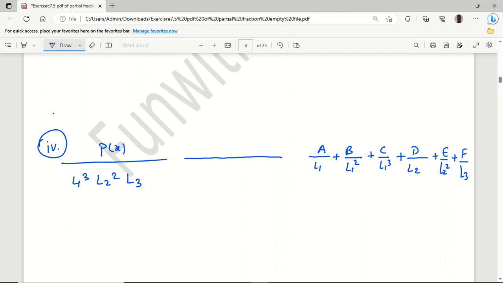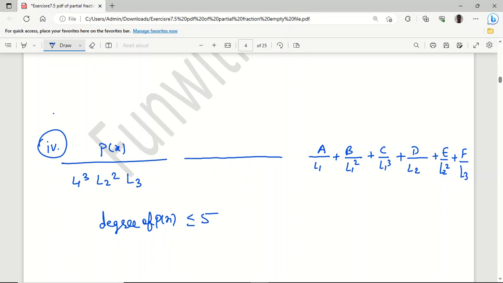Because I need it in the numerator also, because here the degree of px can be smaller than or equal to, here the degree is 3 plus 2 plus 1, which is 6. So it can be a maximum of degree 5. So here also I need some polynomial of degree 5.